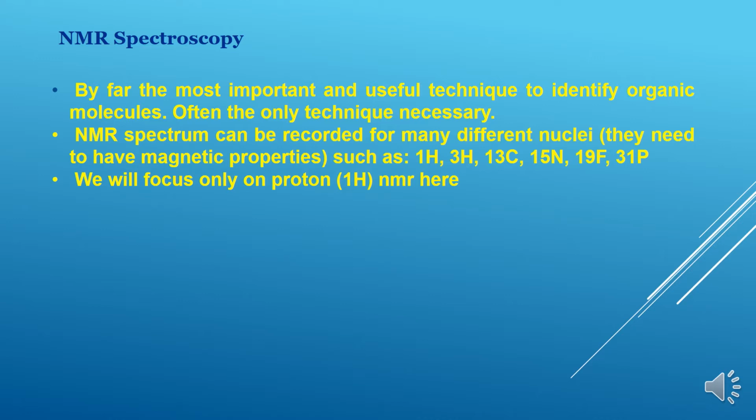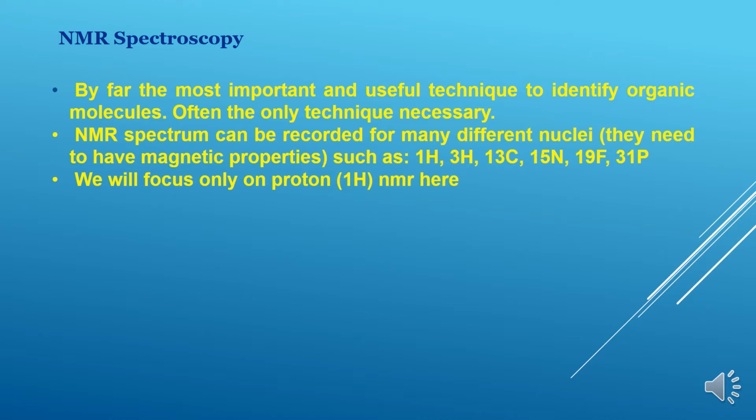So after the application of a strong magnetic field, the nuclear spins get separated into alpha states and beta states. Alpha means they are aligned along the applied magnetic field. The other is aligned against the applied field, where the direction of nuclear spin is opposite to that of the applied field. That is called the beta state.